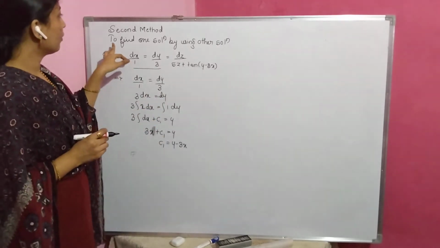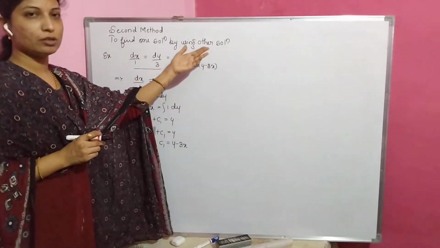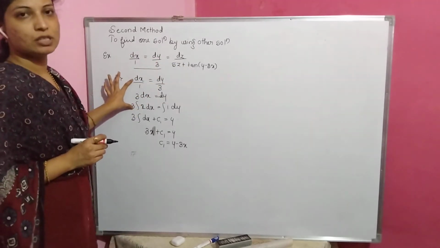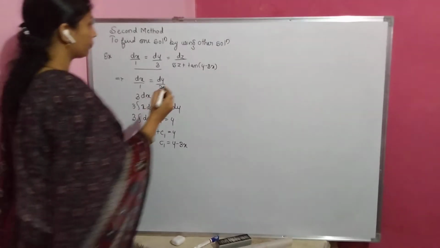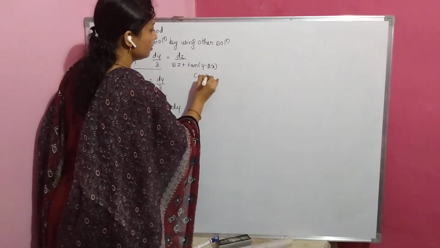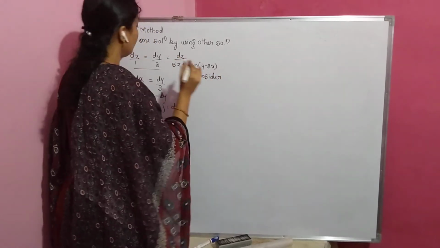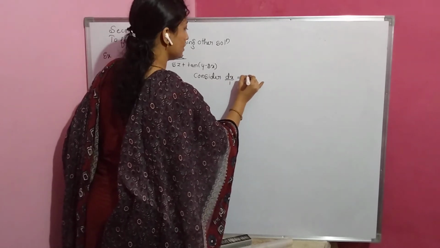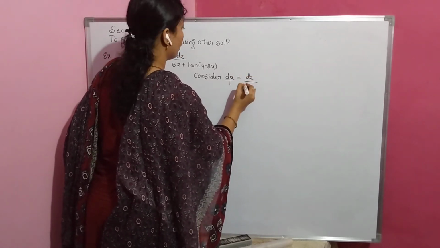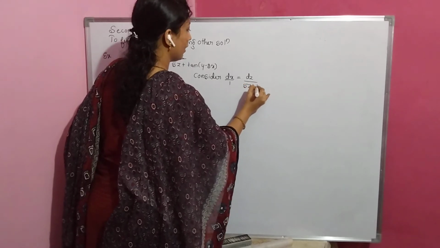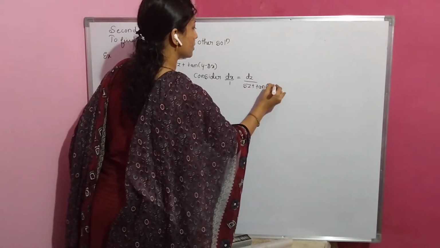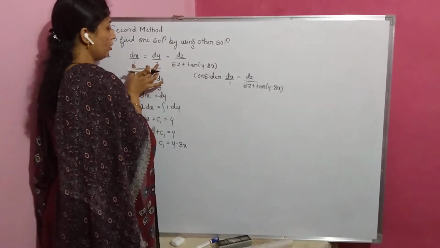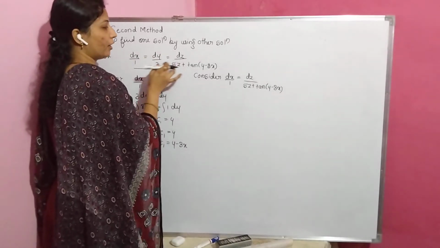Here we are given to find one solution by using the other solution. To find this solution, we have to use the solution of this pair. So again consider the pair dx divided by 1 is equal to dz divided by (5z plus tan(y minus 3x)). It means we have to consider these two pairs, first and third or second and third.